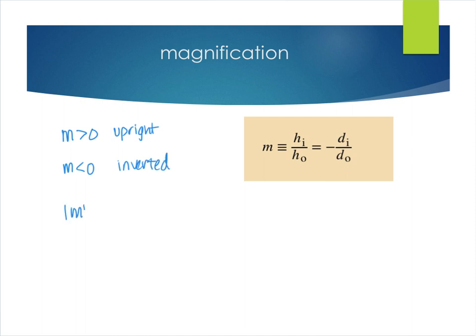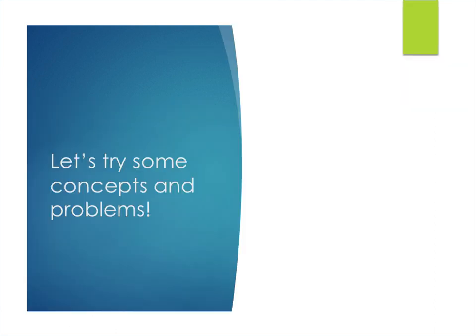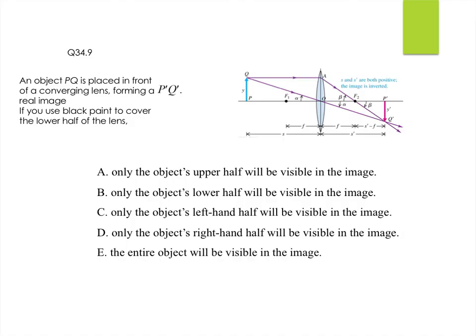And we look at the absolute value of the magnification to see if the image is enlarged or if it's reduced. So if that absolute value is bigger than 1, then our image is bigger than the object. If it's less than 1, our image is smaller than our object. And so let's look at some examples.